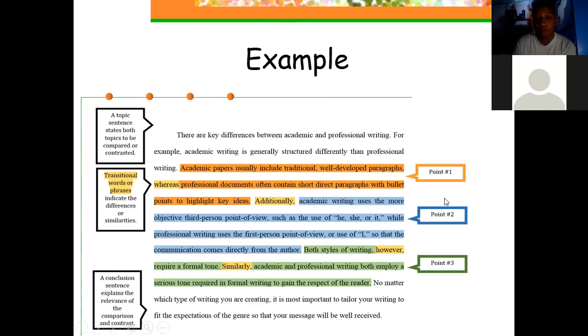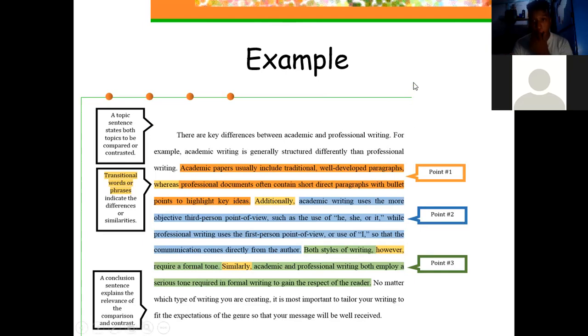For example, you can see academic writing uses the more objective person, he, she, or it, while professional writing uses first person, you or I, so that the communication comes directly from the author. Both styles of writing can use transitional words and phrases to indicate a difference or the similarities.